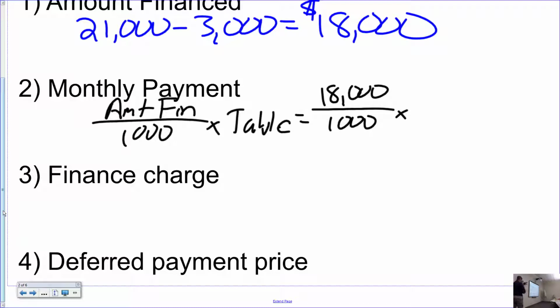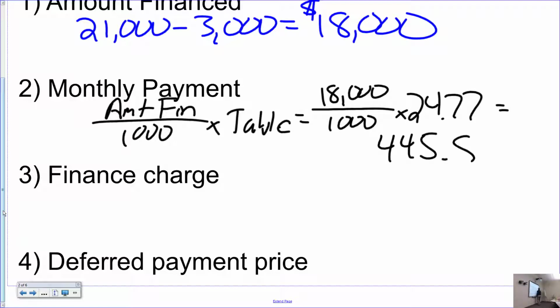So 4 years. 24.77. So what's 18 times 24.77? 445 and 86 cents. So not quite a $450 monthly payment to get this car, but pretty darn close.